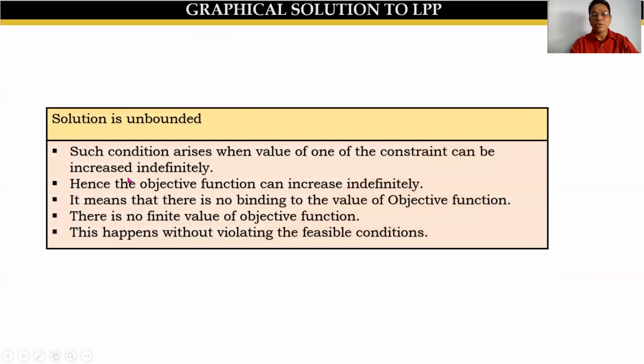So unboundedness occurs when the value of one of the variables can be increased indefinitely. Hence the objective function can increase indefinitely. It means that there is no binding on the value of the objective function and there is no finite value of the objective function. Infinity is the answer, and this happens without violating the feasibility condition. The entire region is the feasible region, and we can say that this is an unbounded solution.